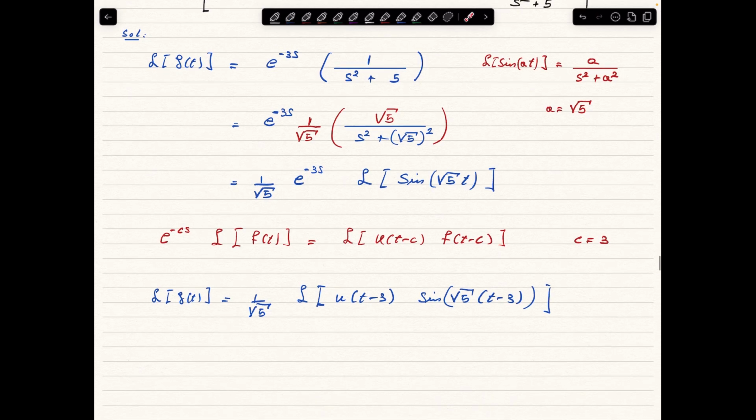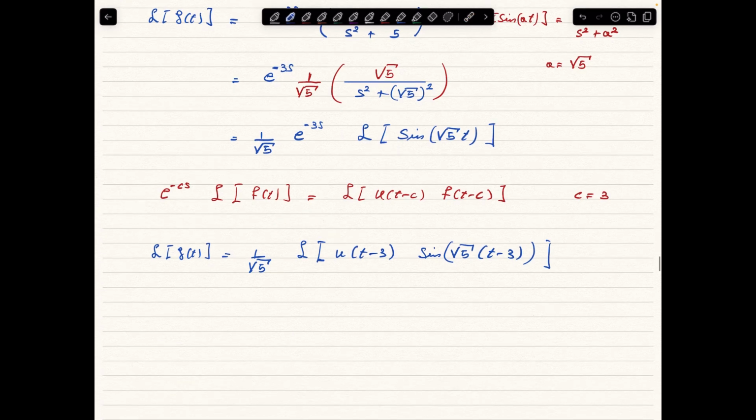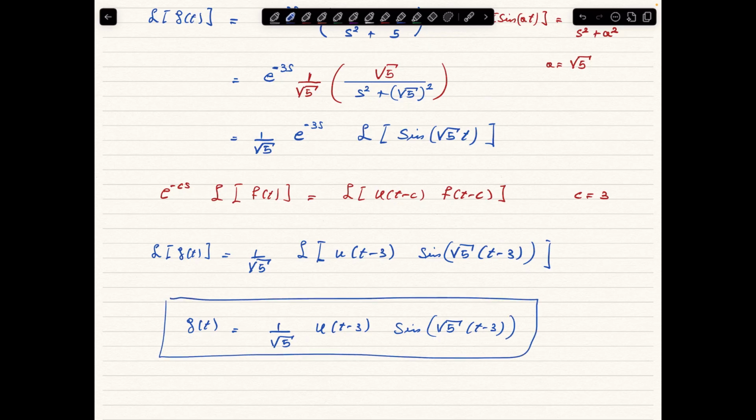Of course we can put this constant inside because of the linearity of the Laplace transform. From here we get that the function we are looking for, g of t, is 1 over square root of 5, times the step of t minus 3, times the sine of the square root of 5 times t minus 3.